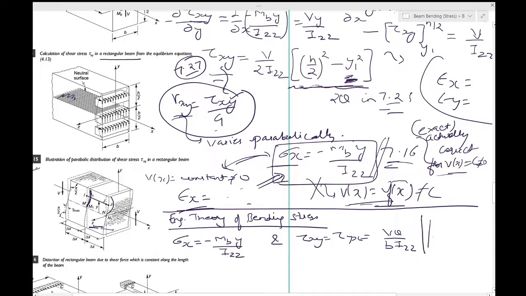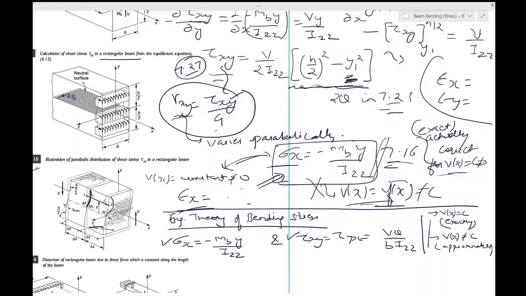This is true exactly for V of x equal to constant, and it is also true approximately for V of x not a constant. So we use this formula either way. This is a summary of what we have done until now.